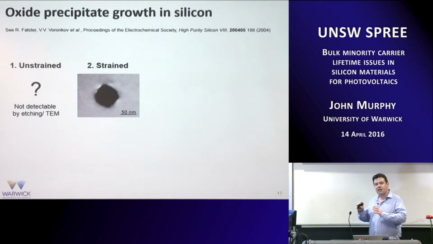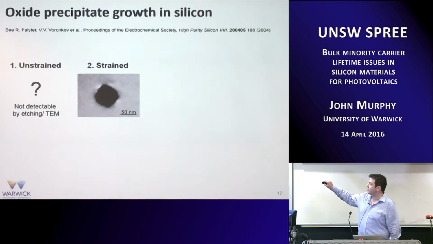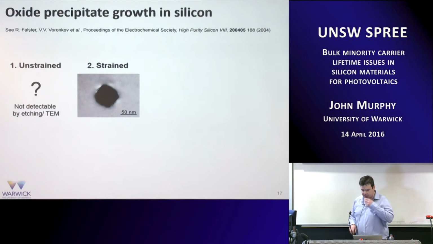They were always there, but suddenly they transition from being undetectable to detectable. And that is good from an IC point of view because they become gettering active. They can trap metallic impurities better because they've got more strain around them. It's probably bad from a PV point of view, because they act as stronger recombination centres than the unstrained precipitates.